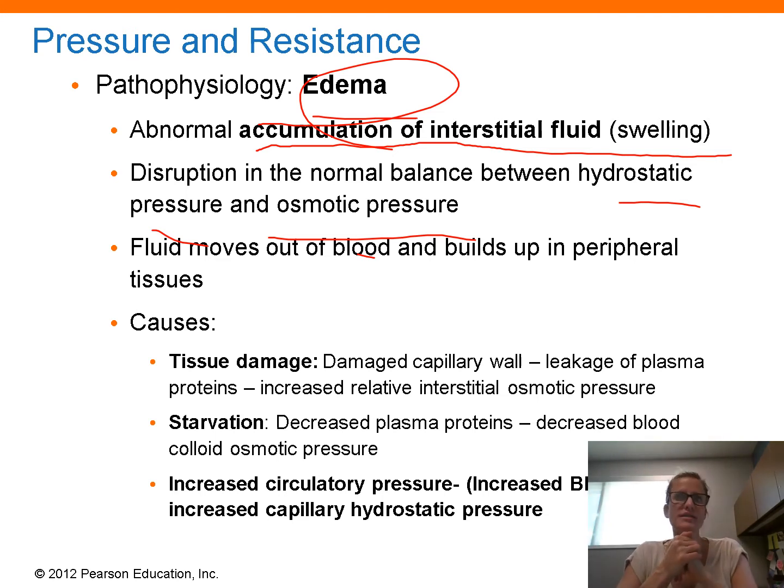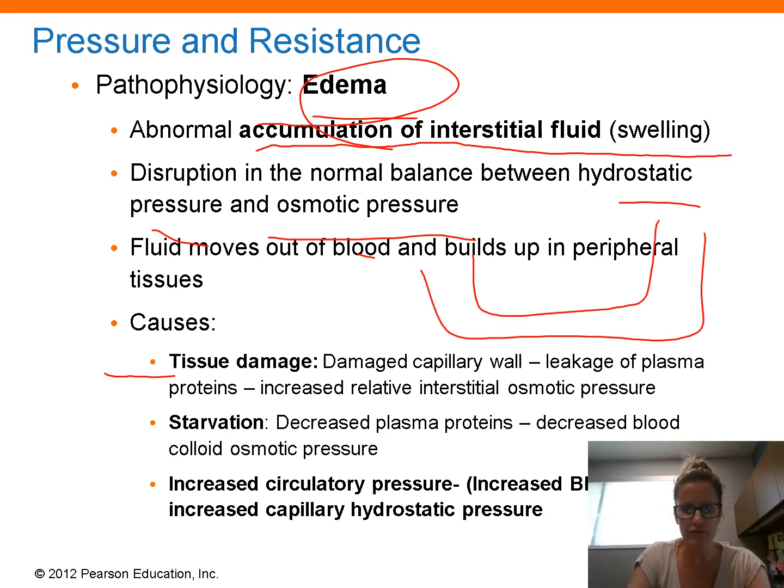So there are all different types of things that can cause edema. One, and this is probably the most common thing that all of us have experienced, is tissue damage. So think about it, right? Remember, this is our artery side, the blood comes into the capillary, and then over here is the venous side.